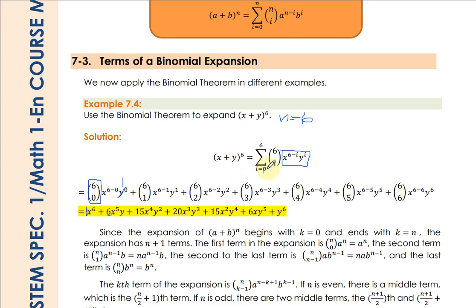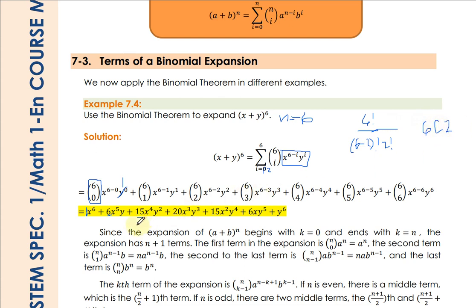Next, our i will be equal to 2. We add 1, so it becomes 2. So 6 combination 2. You're going to use the formula 6 factorial over 6 minus 2 factorial times 2 factorial. So you're going to solve that. The answer is 15. Or you can simply type it in your calculator, 6 combination 2.